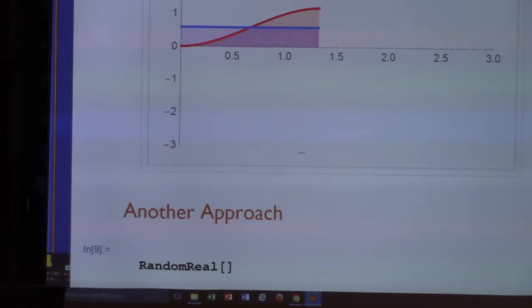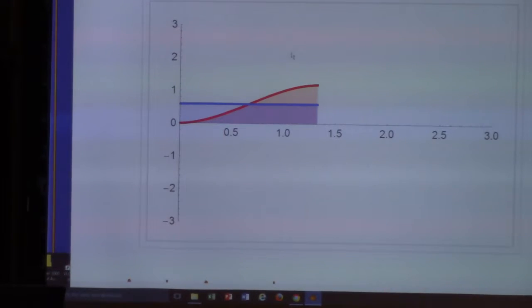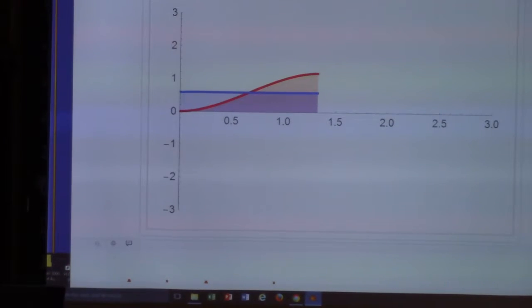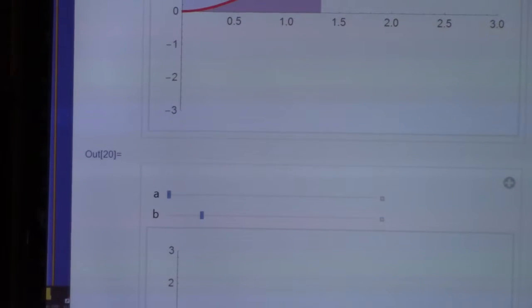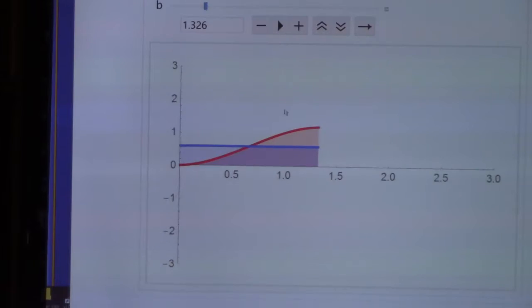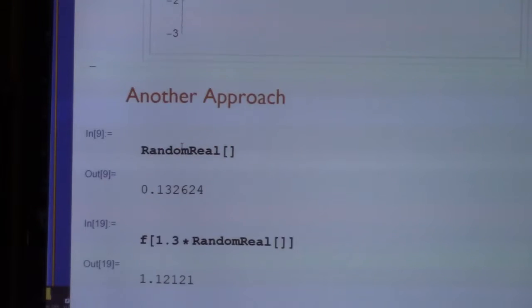The average value over this interval from 0 to approximately 1.3, let's just pretend it is 1.3, appears to be around 0.6. So if I gather a lot of data values statistically using random real and take their average, their mean, I should get a number close to 0.6.